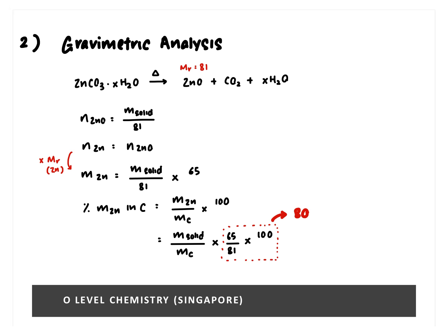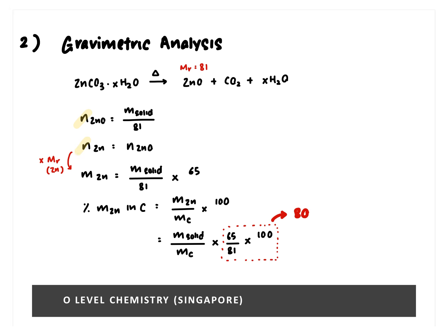So based on the measurements that we make in the experiment, if we assume that the decomposition was complete, the mass of the solid that we get after heating would be the mass of zinc oxide. So with the mass of zinc oxide, we can go on to calculate the number of moles of zinc oxide. Okay, and from the equation written above, you can see that number of moles of zinc is equal to number of moles of zinc oxide.